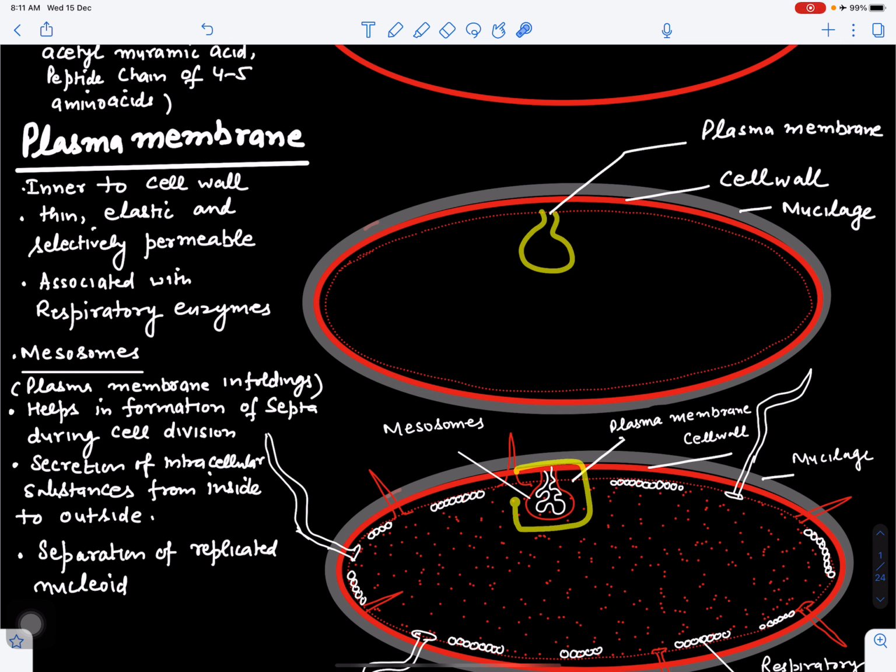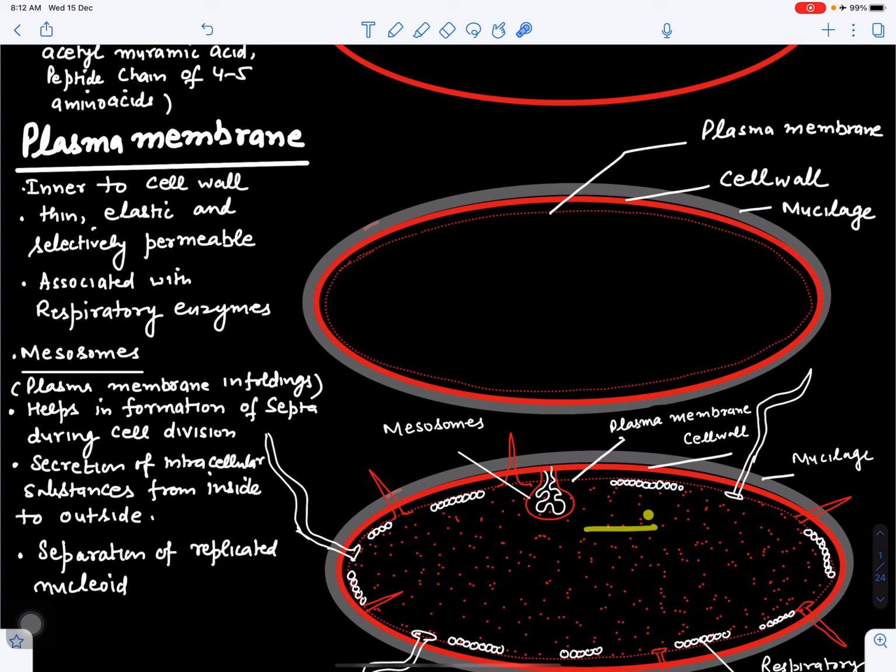This part is called the mesosome. This mesosome helps in formation of septa during cell division. When the cell divides, this helps in formation of septa. Basically, mesosomes are finger-like, spherical, villiform structures, and they also help in compartmentalization of the cell.